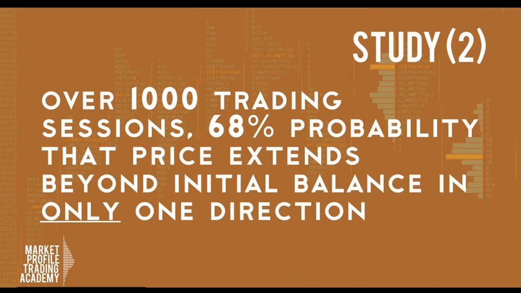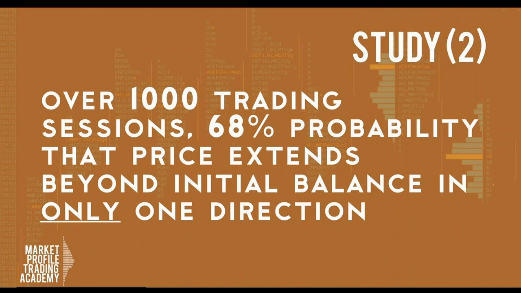Add to that, over 1,000 trading sessions, and by the way, 1,000 trading sessions is about 4 years of data, with about 250 trading sessions a year, there's a 68% probability that price extends beyond this initial balance in only one direction. So 95% it's going to extend beyond this range, and roughly 70% chance that it's only going to extend in one direction.